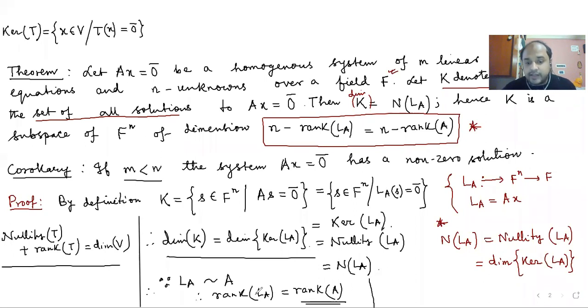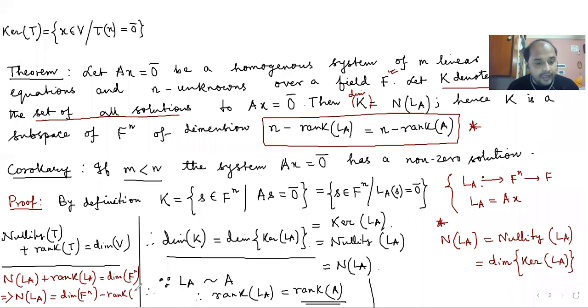Now, if we can find the rank of LA by using this particular theorem, we can write n of LA plus rank of LA is equal to dimension of Fn, because here my T is LA, my vector space V is Fn, and we know that this can be written as n of LA is equal to dimension of Fn minus rank of LA.